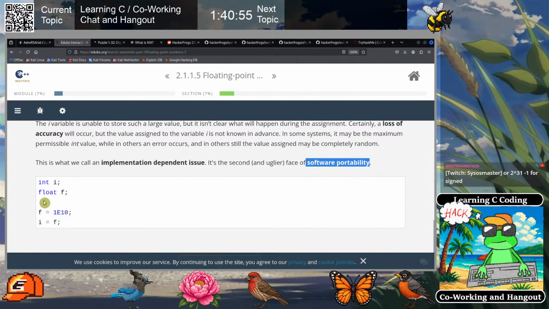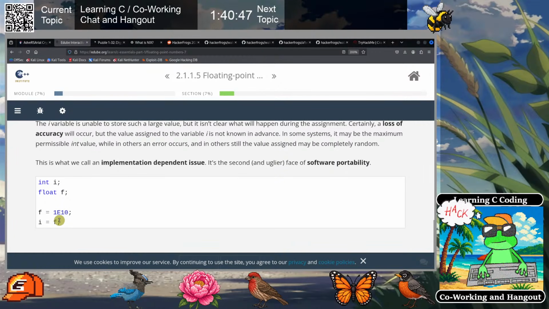Okay, so I guess the easier way to do it, what's happening here? Int I, float f. F equals 1 to 10 to the power of 10, and I equals f. So this float, when converted into an integer, something bad is going to happen because we've got too many digits.